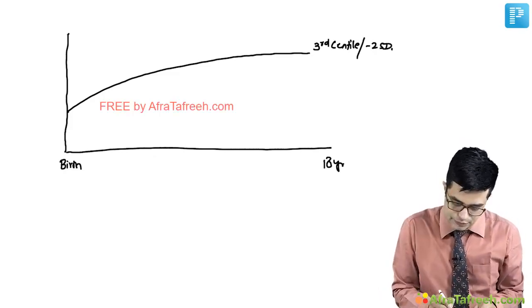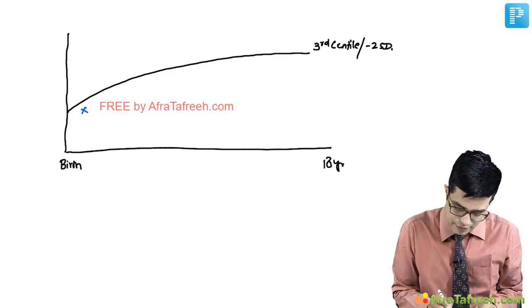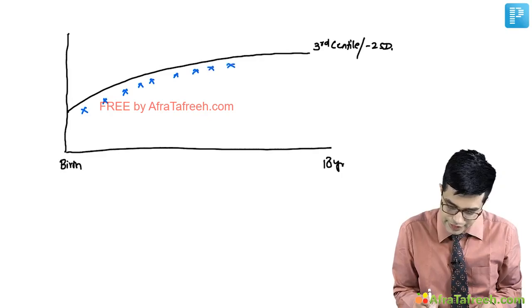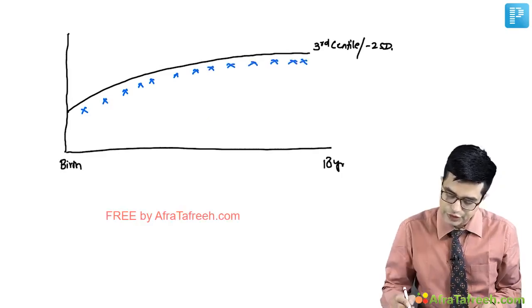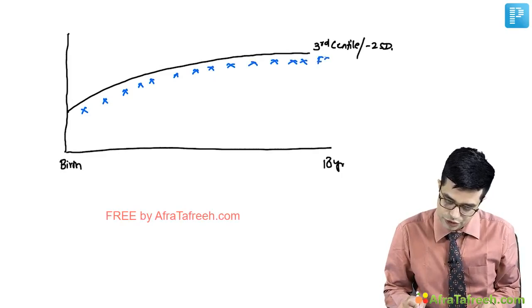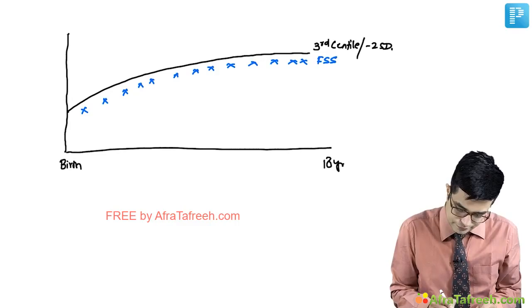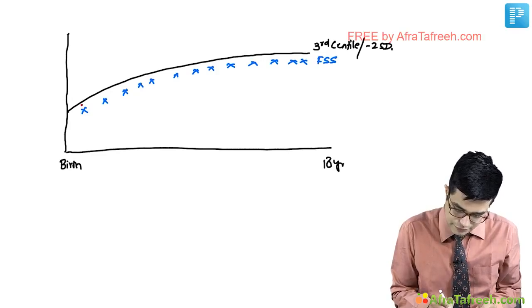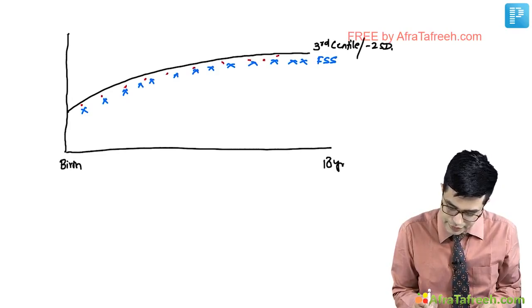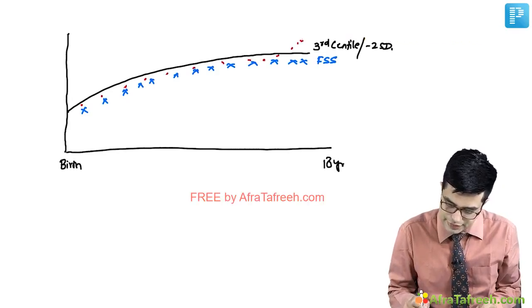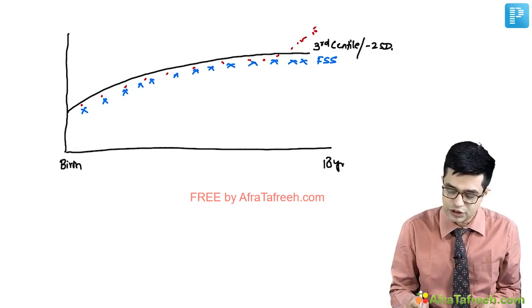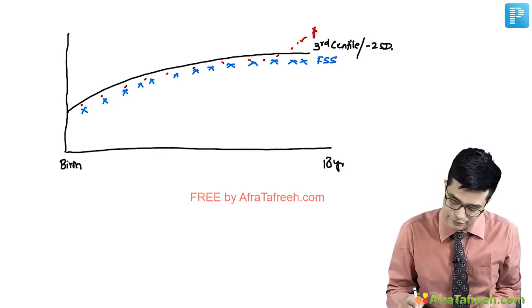If it is plotted parallel to the curve and remains below the curve only, you call it familial short stature. If it is parallel to the curve but near 18 years, around 15-16 years, it crosses the third centile and short stature does not remain, then we call it constitutional delay in growth.